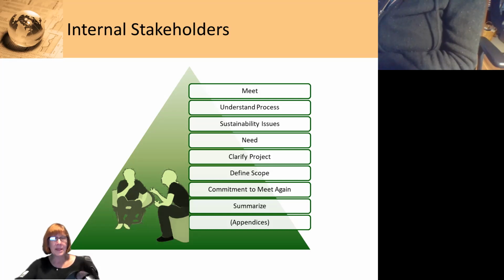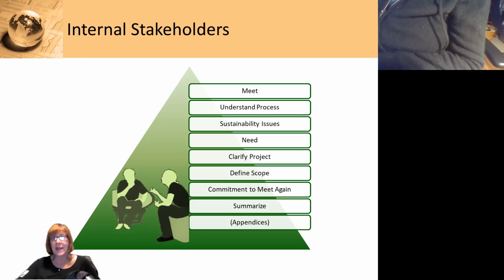And a commitment to meet again. You will probably need to meet 2 or 3 more times during the project. One, when you do your audit, because somehow you're probably going to have to collect data from some of your key stakeholders, whether it's billing data or a facilities walkthrough.